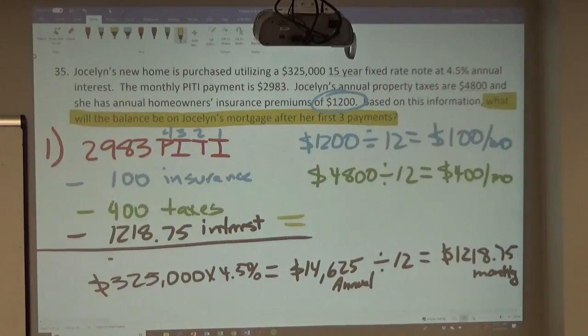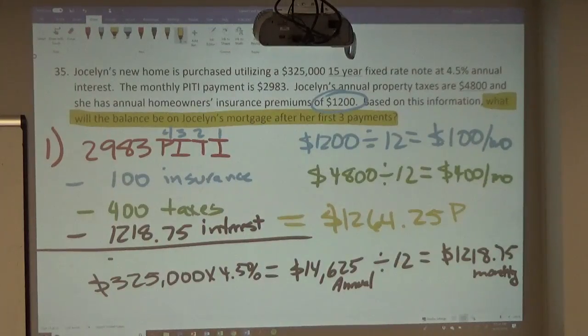So $2,983 payment minus the $100 for insurance, minus the $400 for taxes, minus $1,218.75, and that equals $1,264.25 going toward our principal. Okay, so $1,264.25 is going toward our principal.